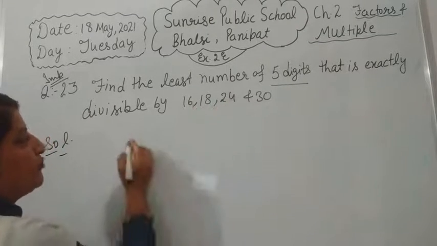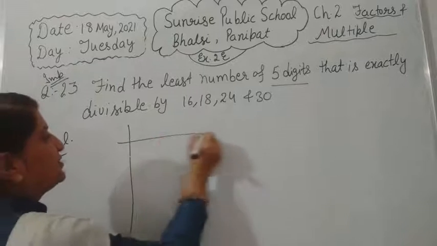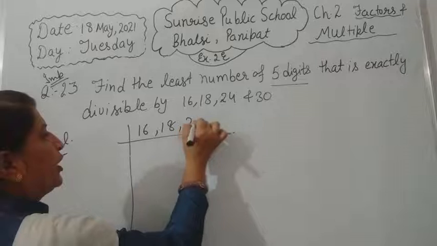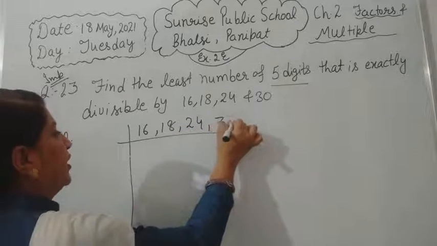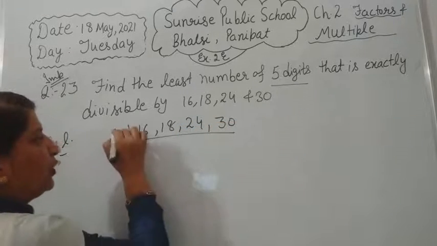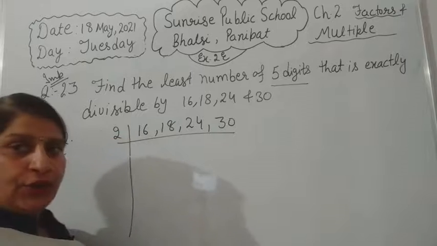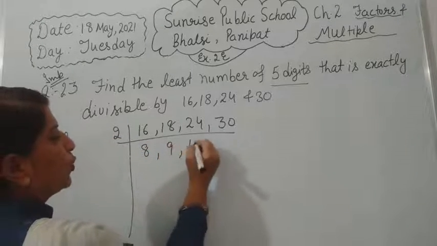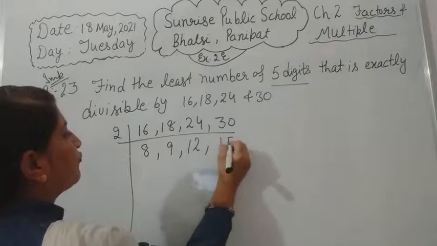First of all, we find the LCM of these numbers 16, 18, 24 and 30. Now here you see that all these numbers are divisible by 2. So we write 2 8s are 16, 2 9s are 18, 2 12s are 24 and 2 15s are 30.